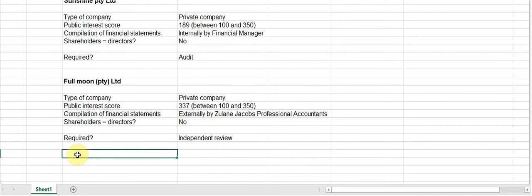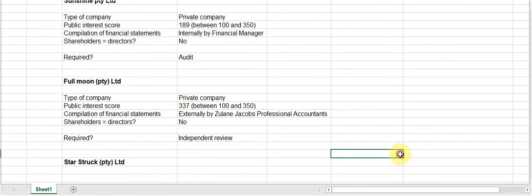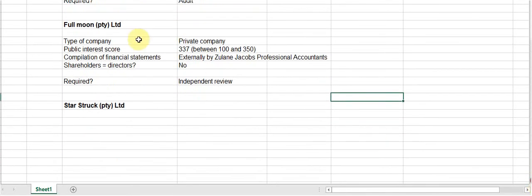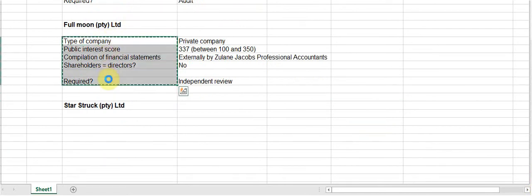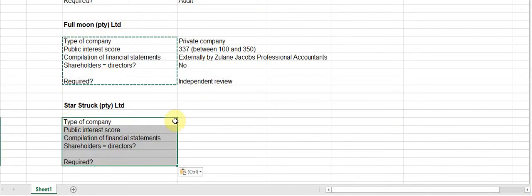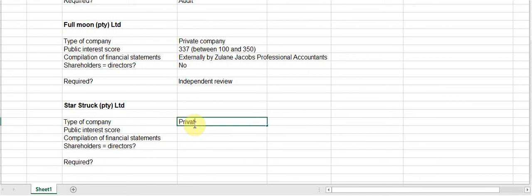The last one is quite interesting. It is called Starstruck PTY Ltd. And again, I am going to use my same criteria. This is a private company.